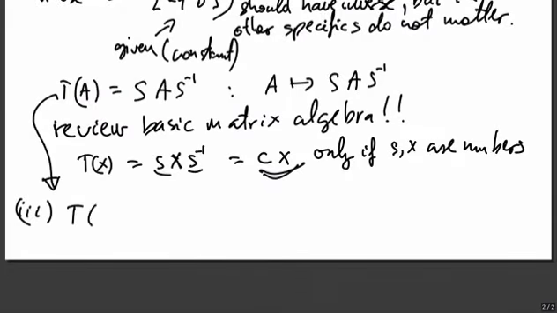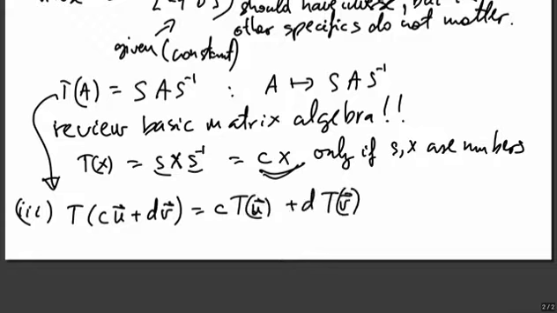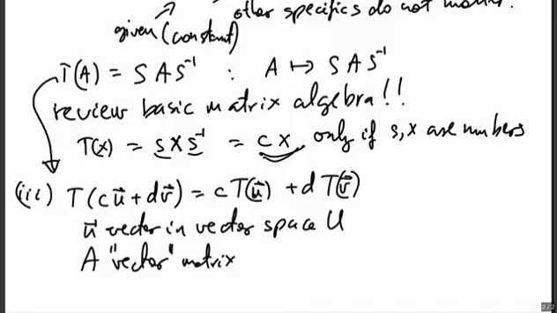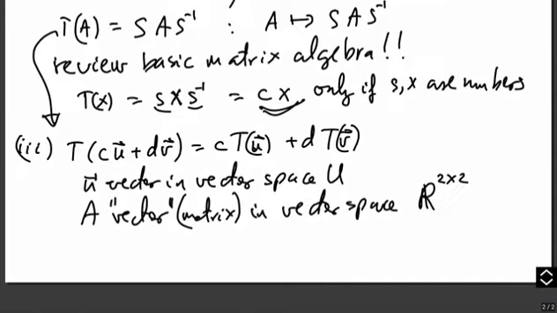So property 3 was that T applied to C times U vector plus D times V vector can be taken apart, and this is C times T of U plus D times T of V. Now, instead of U vector in vector space U, we have a vector, which is really a matrix, but it's considered a vector in the vector space of the 2 by 2 matrices. Since the set of 2 by 2 matrices is a vector space, that means A is considered a vector of this abstract vector space.